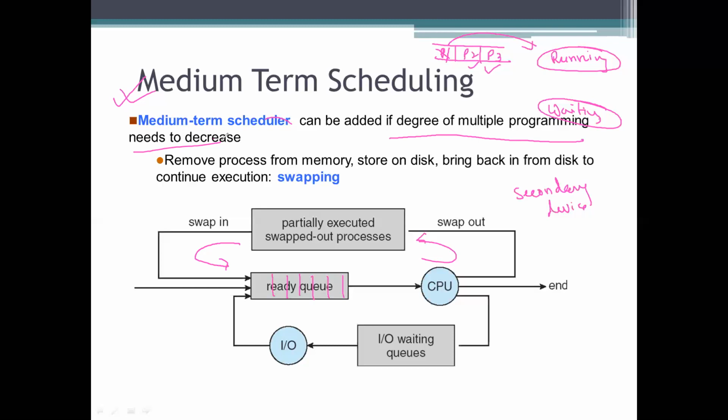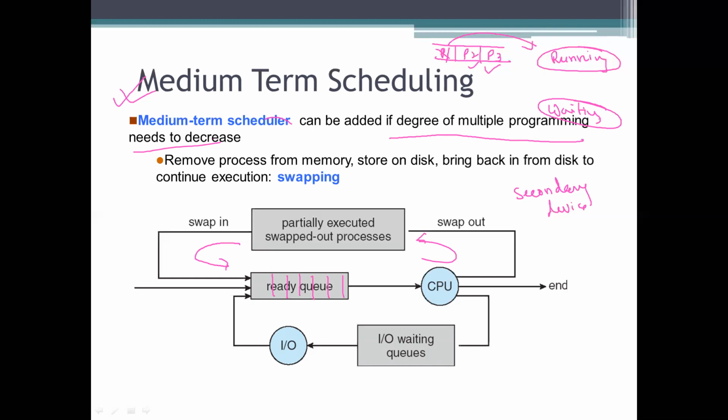One is executed by the CPU and another by the IO devices. So you can see the degree of multiprogramming will increase. But if all the processes are IO bound or CPU bound, then all the processes will remain idle, only one process will be executed by the system, and in that case the degree of multiprogramming will decrease.